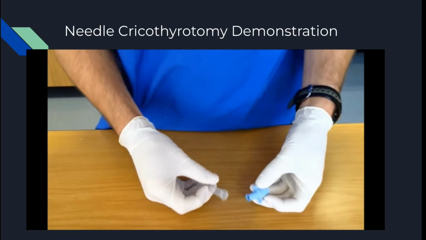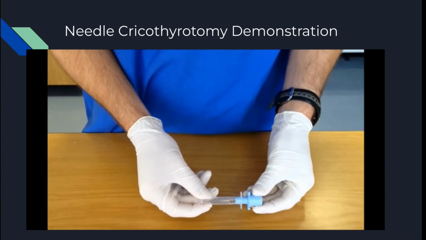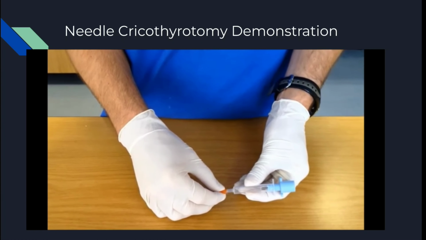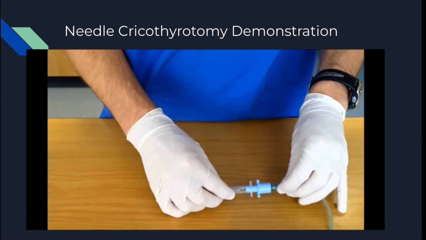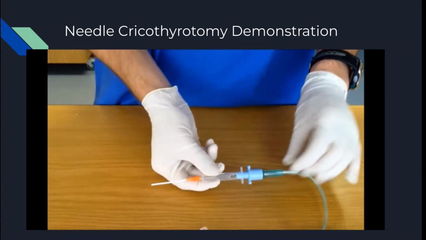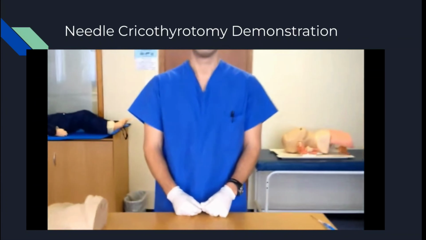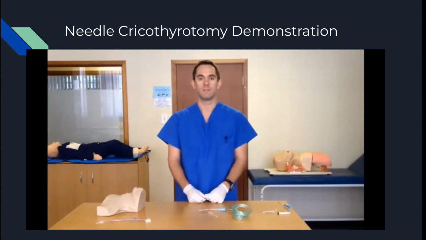Take the ET tube connector and insert it firmly into the back of the 2 ml syringe. This device is now ready to be connected to the cannula on this side and the oxygen tubing on that side. And that is it. Correct insertion of a needle cricothyrotomy.